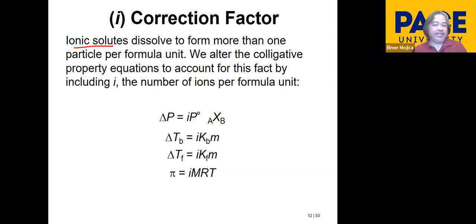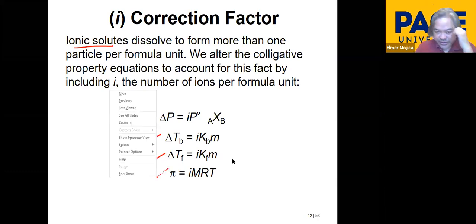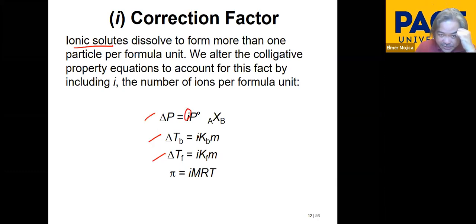So you have to multiply the colligative property that you have by a certain factor. This is vapor pressure lowering, boiling point elevation, freezing point depression, and osmotic pressure. In each of them, we added the so-called i, the correction factor.